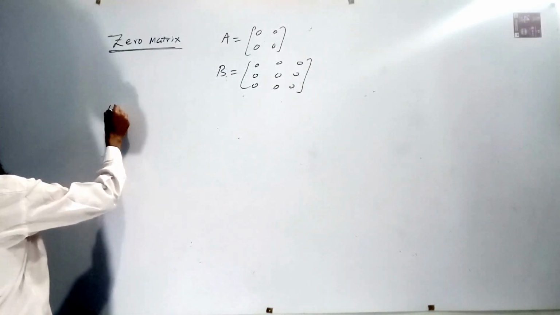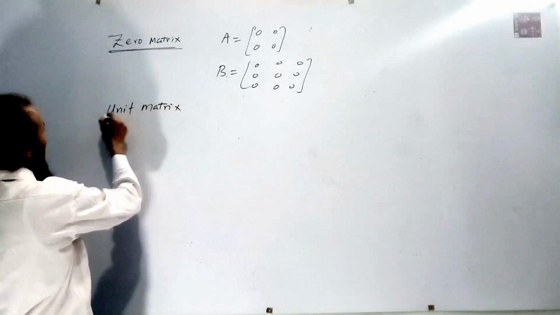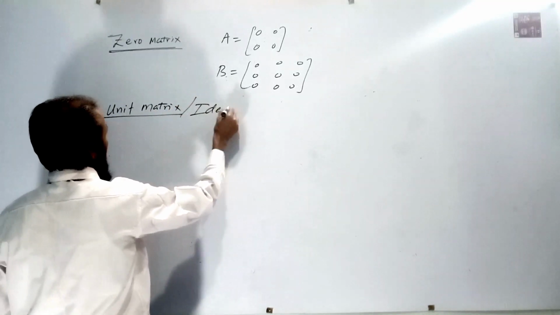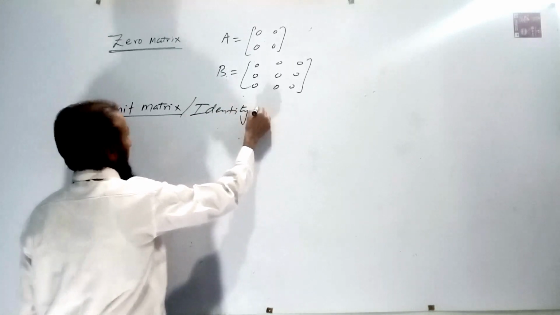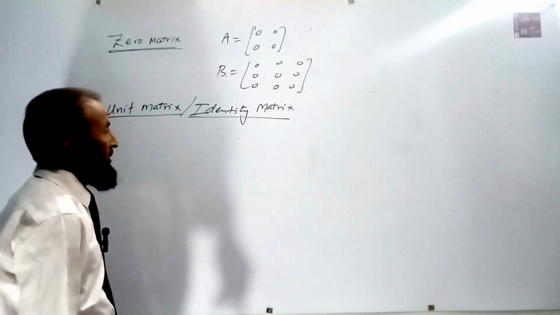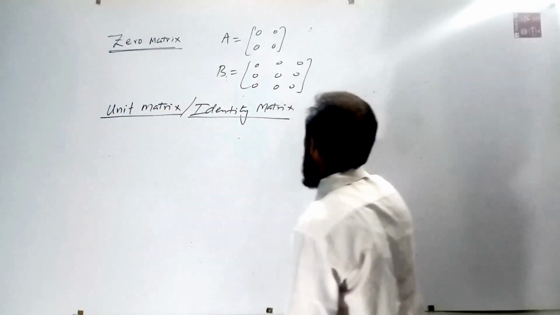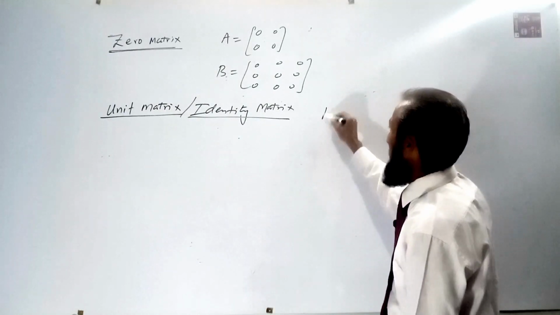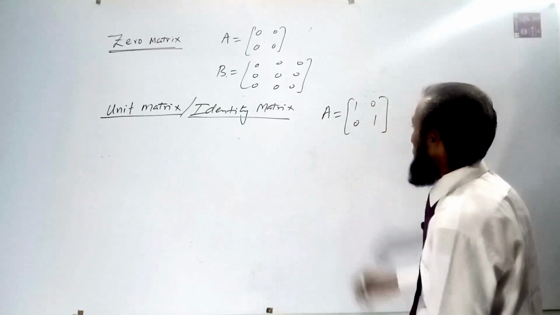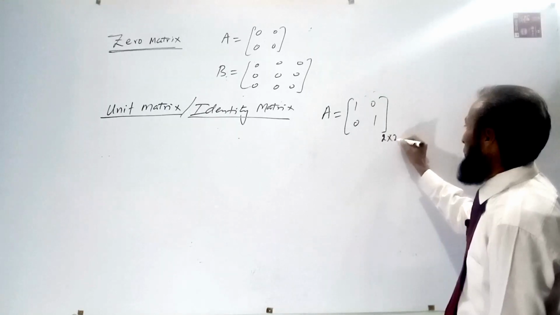Similarly, the unit matrix is also called the identity matrix. Identity matrix means the main diagonal of this matrix is 1, 1 and other entries are zeros. For example, 1, 0, 0, 1. This is also a square matrix of 2 cross 2.